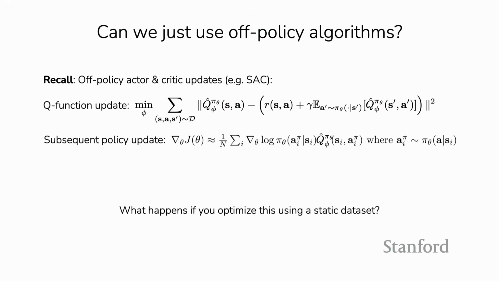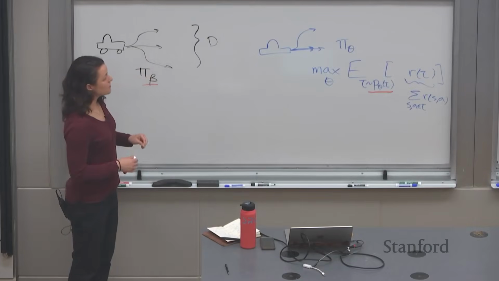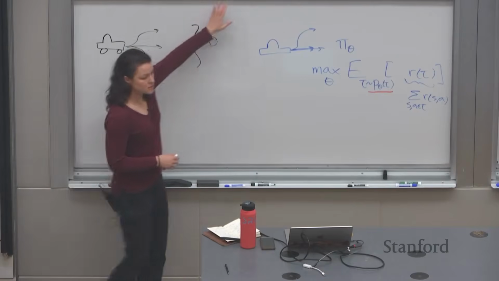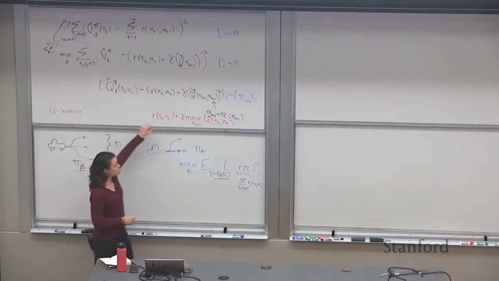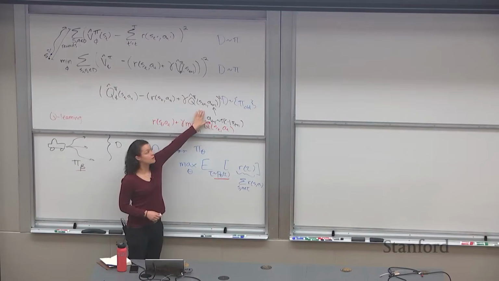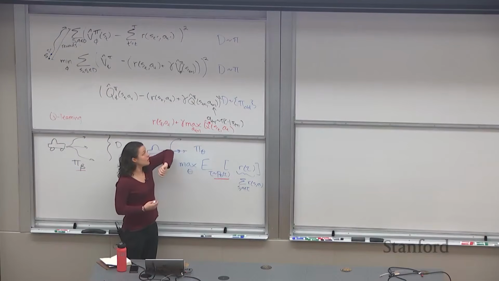Yeah, so the thought there was that we're evaluating our Q estimate on actions sampled from our policy, and our policy is also trying to increase likelihood on actions that have high Q values.